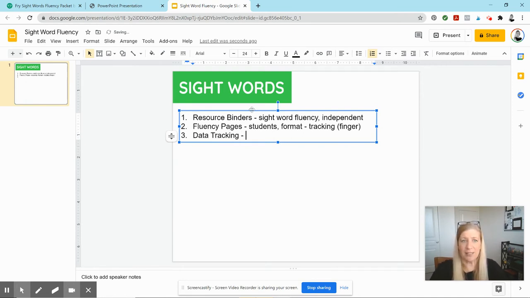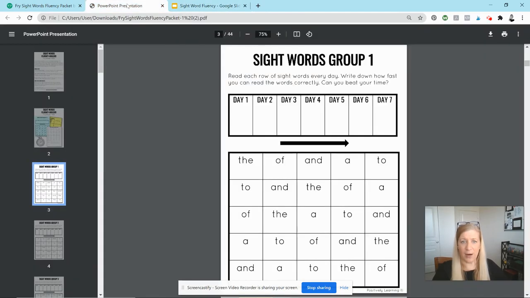So that same space right underneath there, what I might do is print out these 20 pages and keep them in a binder, whether it's a student folder or whatever data tracking system I'm using. And that room underneath each word leaves me an opportunity to make notes, like whether it's a miscue, or maybe they're swapping out the 'and' for 'the' each time they see it, or 'to' for 'of' each time they see it. That space is there for me to make some notes.